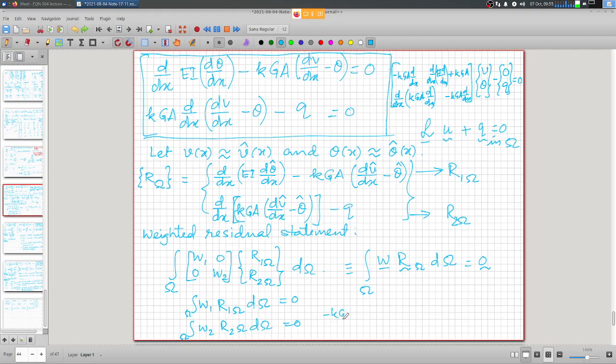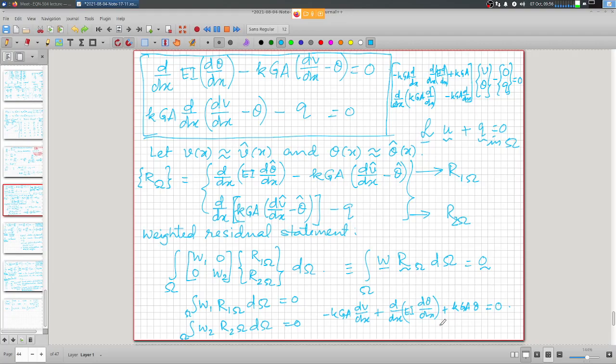Minus kGA dV/dx plus d/dx of EI dtheta/dx plus kGA theta is equal to 0.